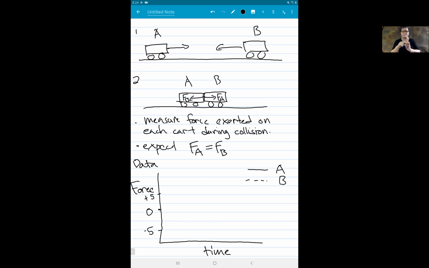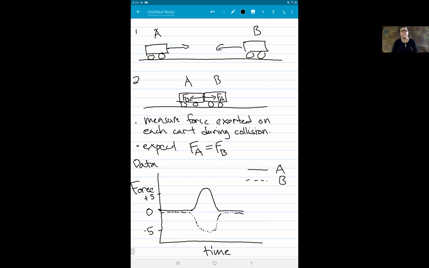What we expect is the A cart's force to be flat until the collision, then it's going to spike to some value, then drop back off to 0, and then keep going. The same thing with the blue force. We would expect it to be 0 until the collision, and then we would expect it to be exactly opposite. There, the best I could.